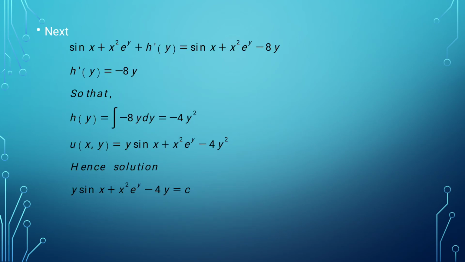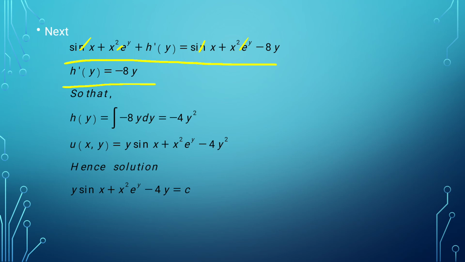So when you equate it, you can see most of the things here are similar. That implies that the derivative of h, you'll get, is negative 8y.